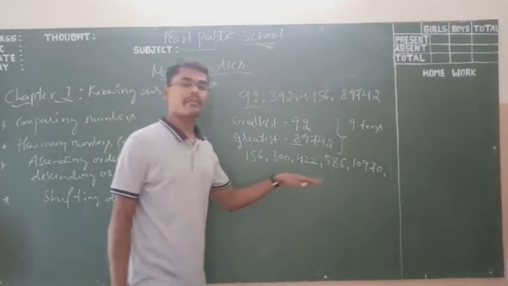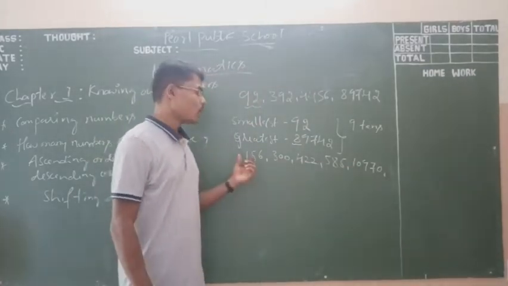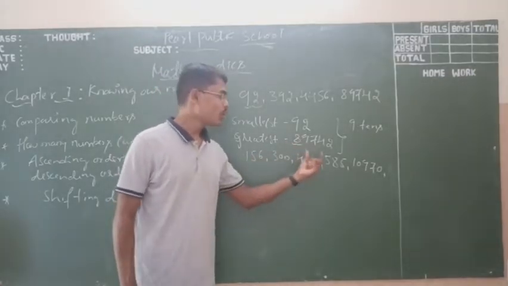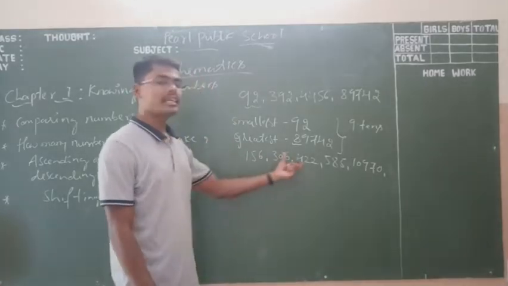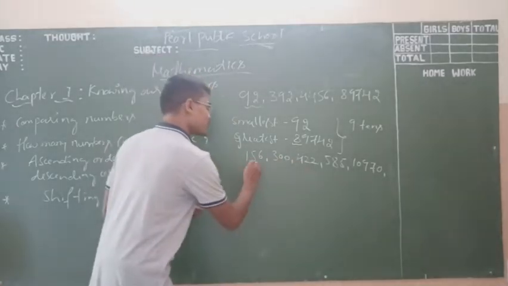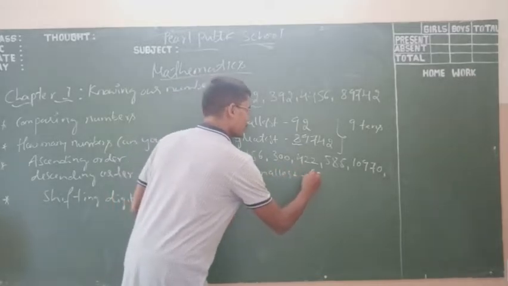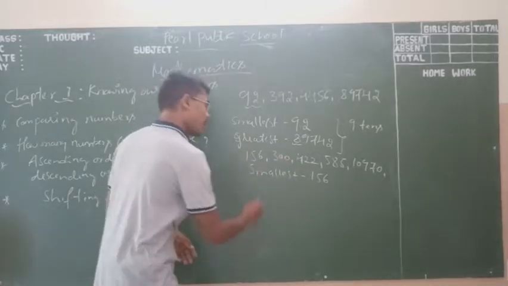I have written 5 numbers. For these given numbers, which one is the smallest? Your answer becomes, the smallest is 156.